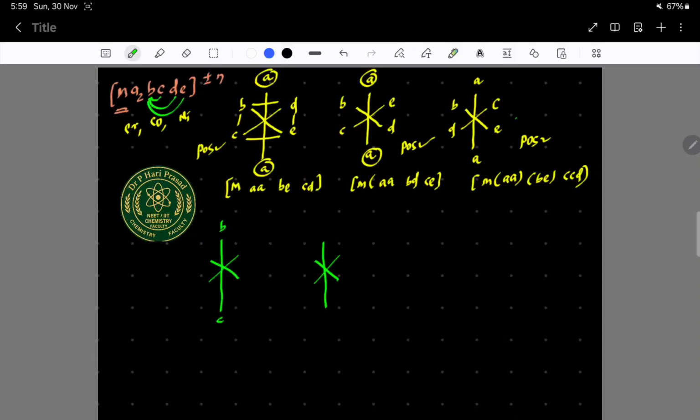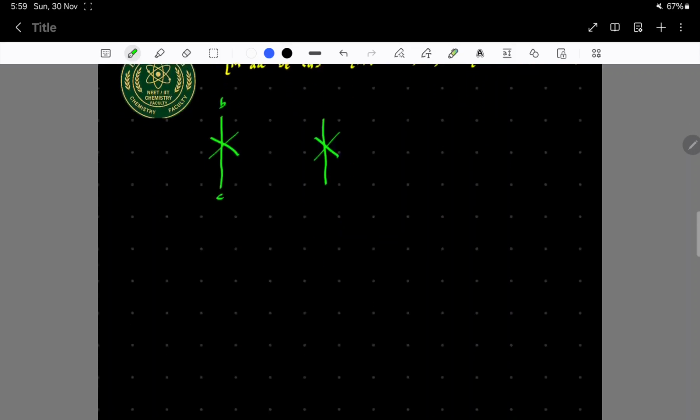Similarly you can arrange C₂D and C₂E, and D₂E. Right. Now here I am arranging one by one, students. So this is B₂D and one more arrangement, you can check it. So this is B₂E and this arrangement is B₂E.